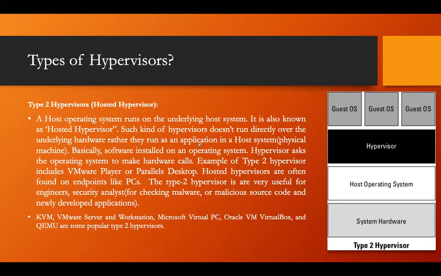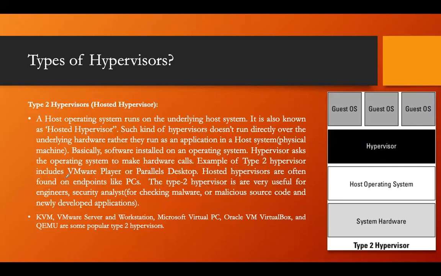Rather, they run as an application on the host physical machine. So this is a physical machine. On top of it, we have the operating system of that physical machine. And on top of it, we have the hypervisor. So now there is no direct connection between the hypervisor and the hardware. The hypervisor communicates with the operating system and the operating system communicates with the hardware. The hypervisor asks the operating system to make hardware calls.